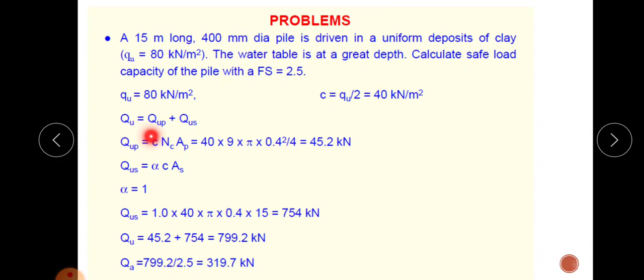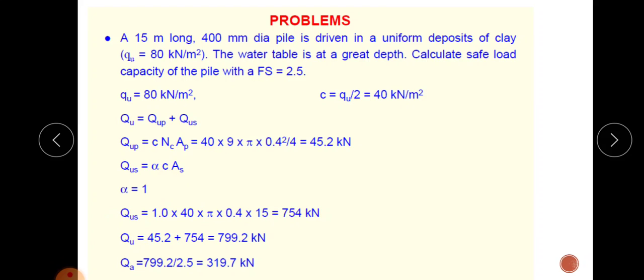QU is equal to QP plus QS, point bearing plus skin friction resistance. Since the pile is resting on clay, that is cohesive soil, the equation for bearing capacity is QP equal to C NC into AP and QS equal to alpha C into AS.